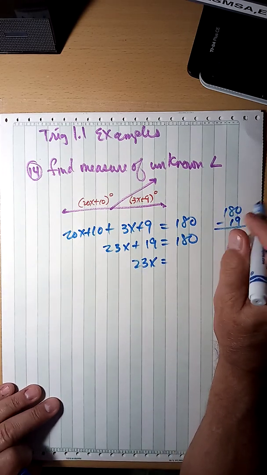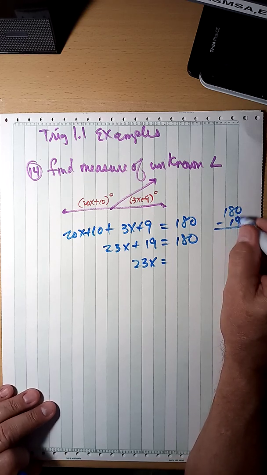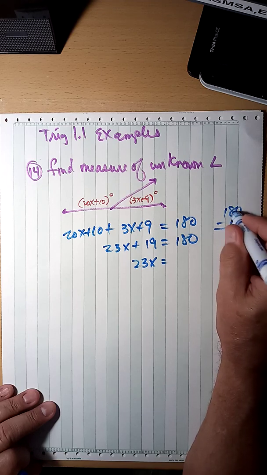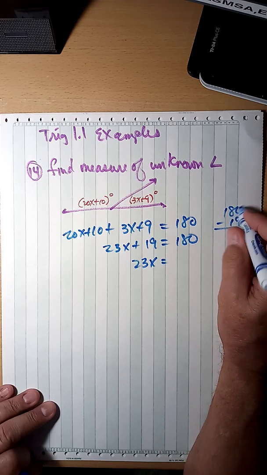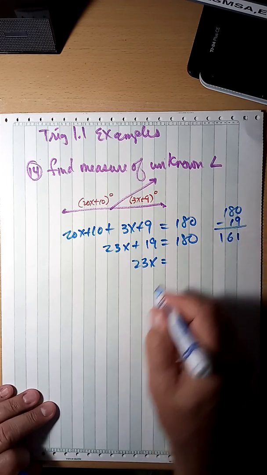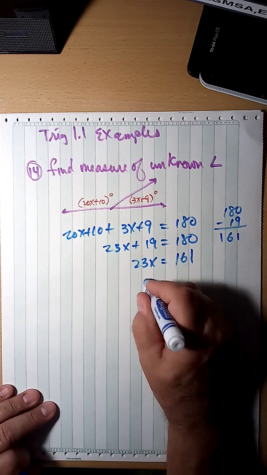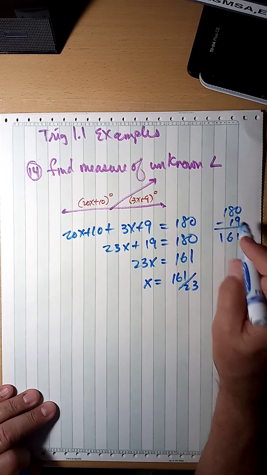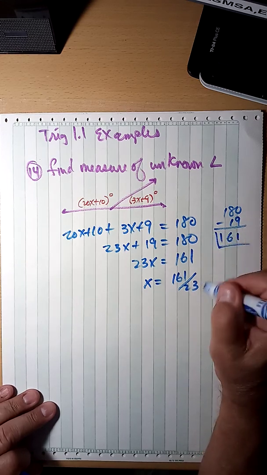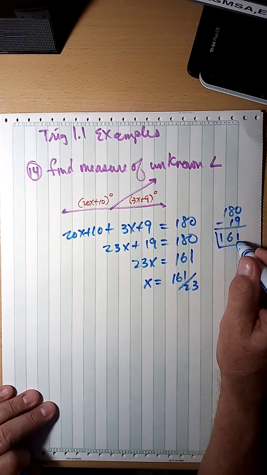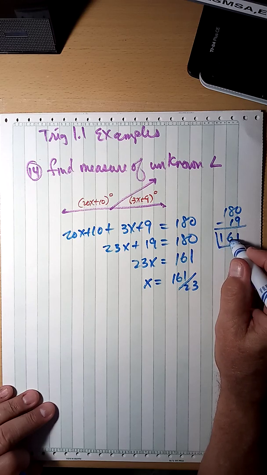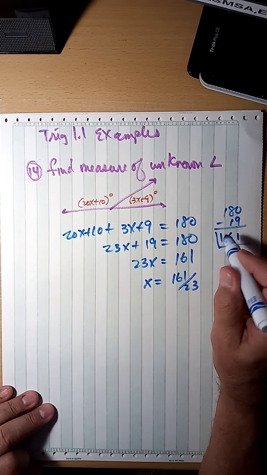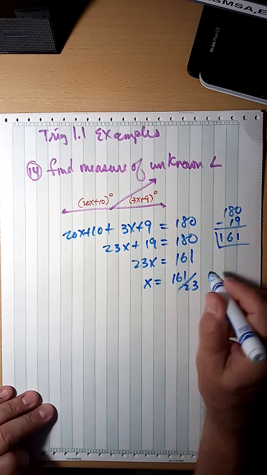Don't always grab that calculator. Do some of this either in your head or write it to the side. It's another step. That's 10 minus 9 is 1. 7 minus 1 is 6. 161. I'm going to divide 161 by 23. Does it go evenly? Well, let's see. I don't know.